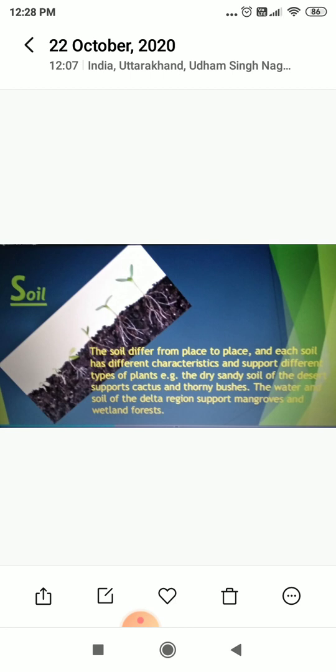The sandy soil of the desert supports cactus and thorny bushes, while wet marshy deltaic soil supports mangrove and deltaic vegetation, whereas hill slopes with deep soil have conical trees, and these are known as coniferous forests.